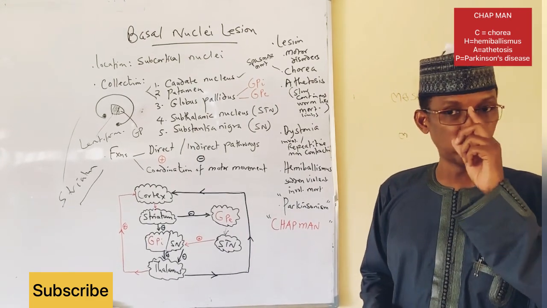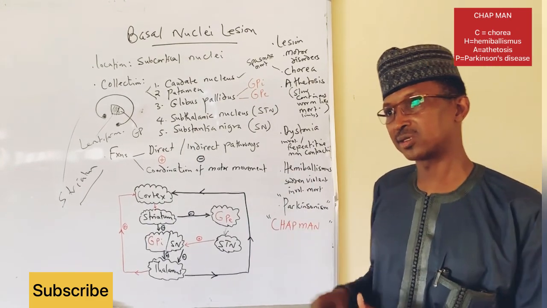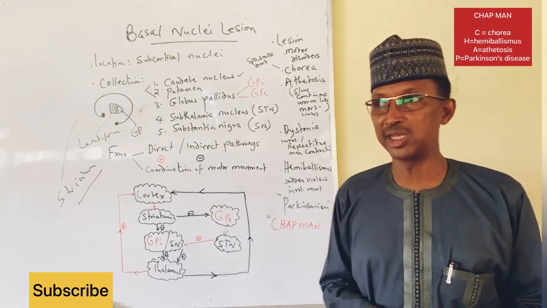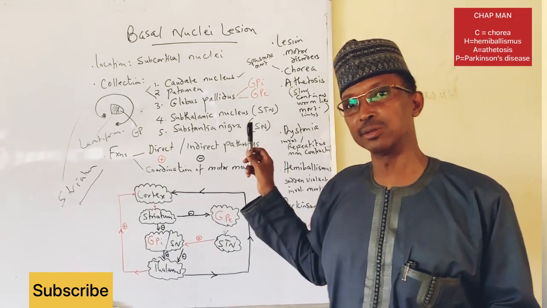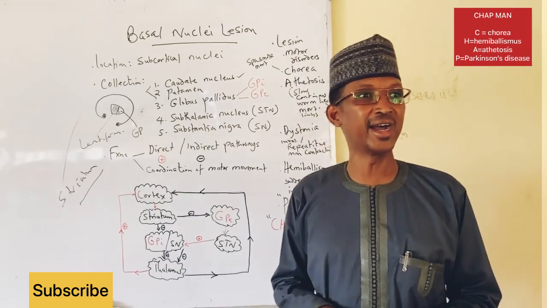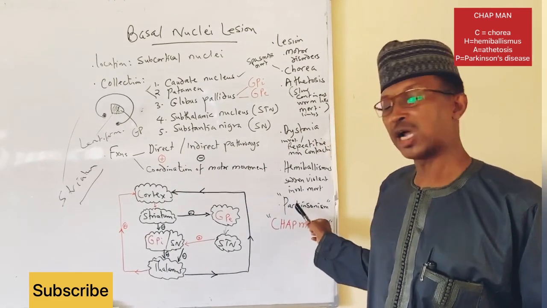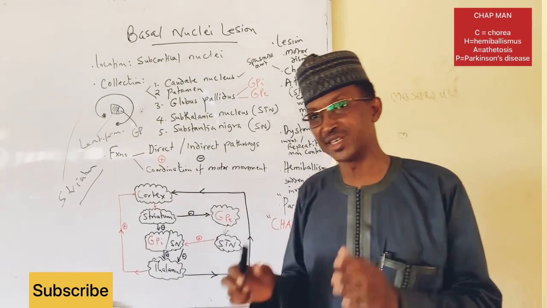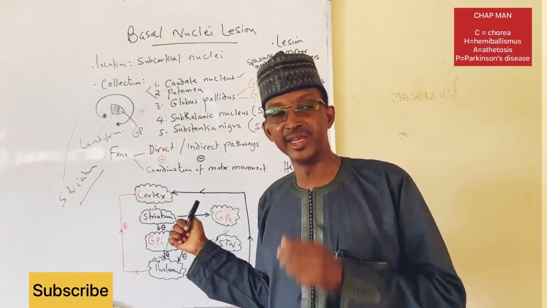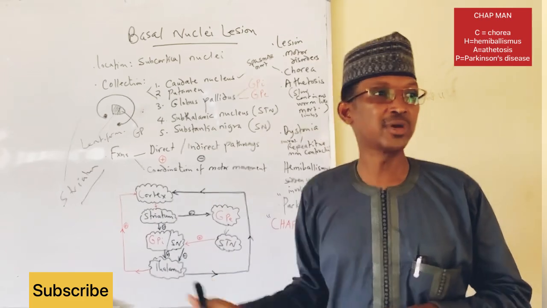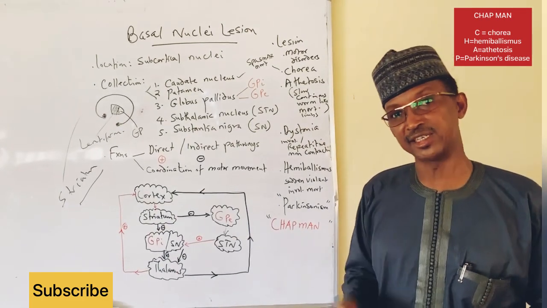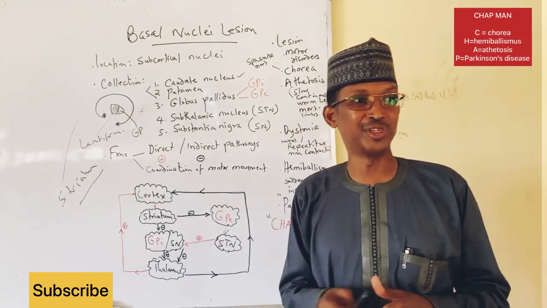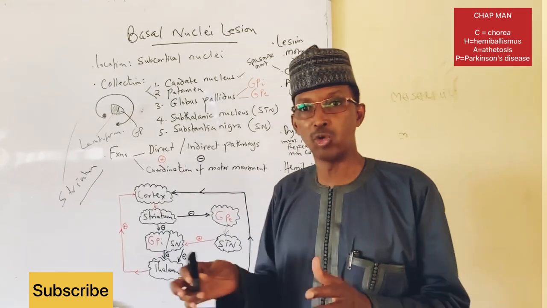Finally, if the basal nuclei lesion affects more or less the substantia nigra, we are going to have what is known as Parkinsonism. Parkinson disease affects mainly one of the nuclei of the basal nuclei, the substantia nigra, which more or less modulates our motor movement.